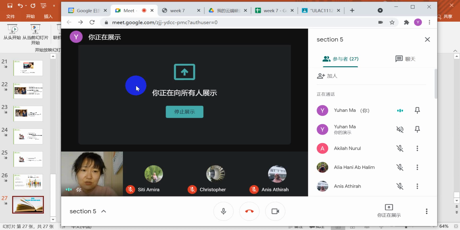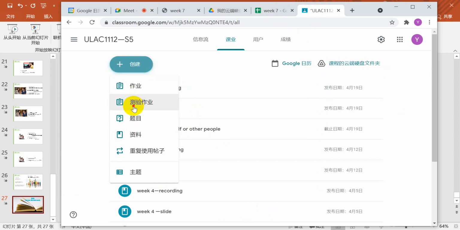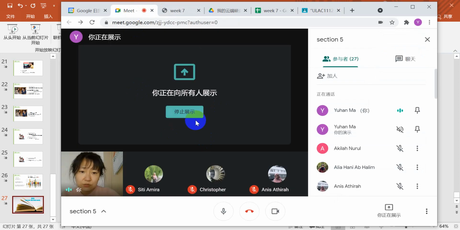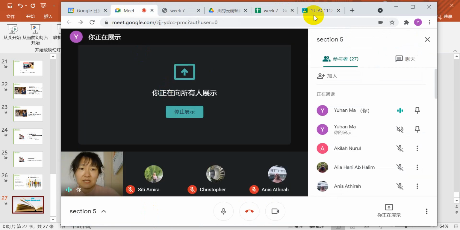Maybe you can just choose the correct answer. Maybe you will write on the paper or type in here. But I don't know how to upload the questions here. If successful, you can just choose the answer by your computer. Okay.